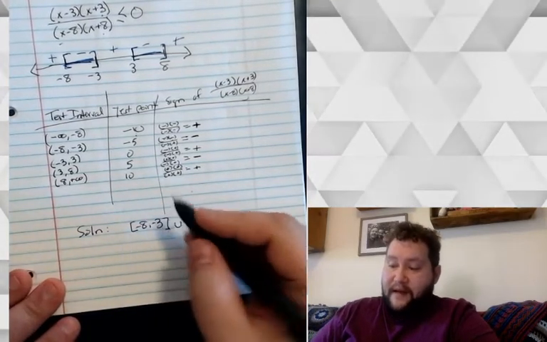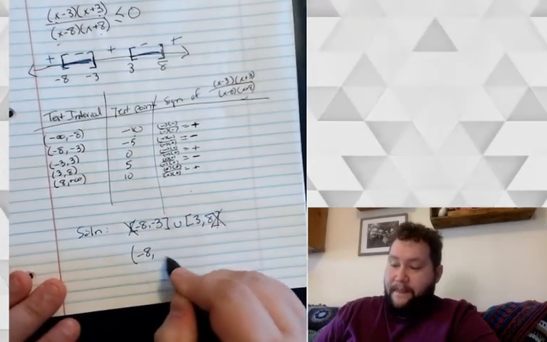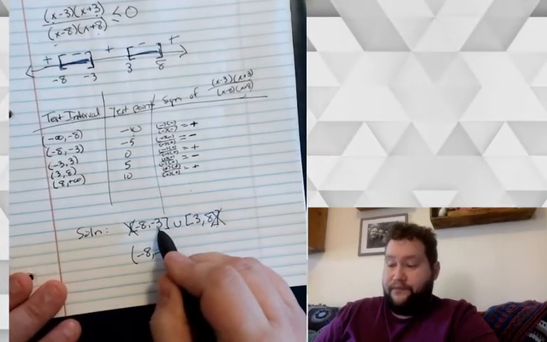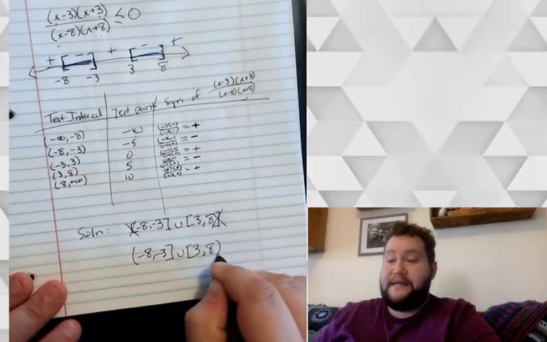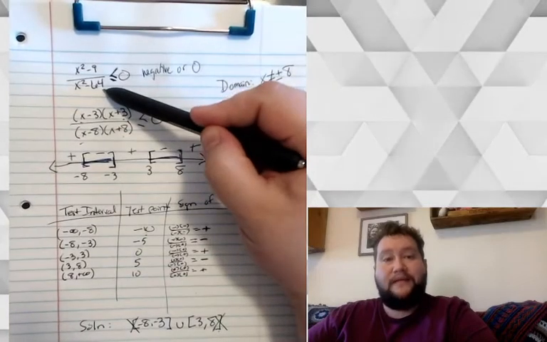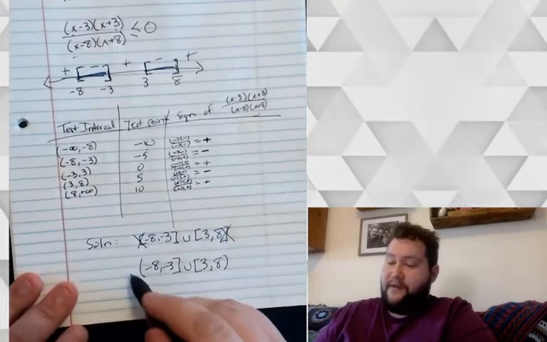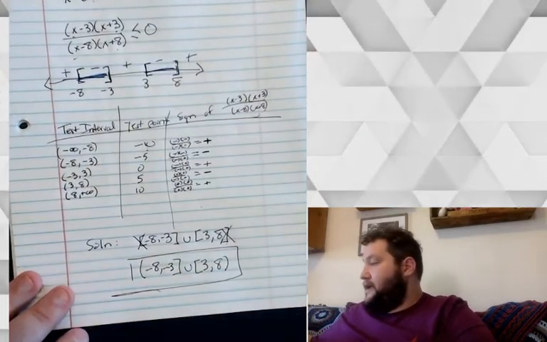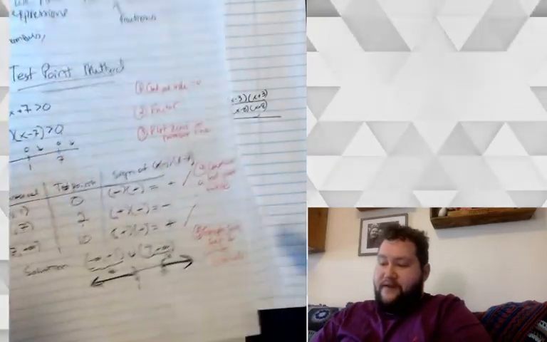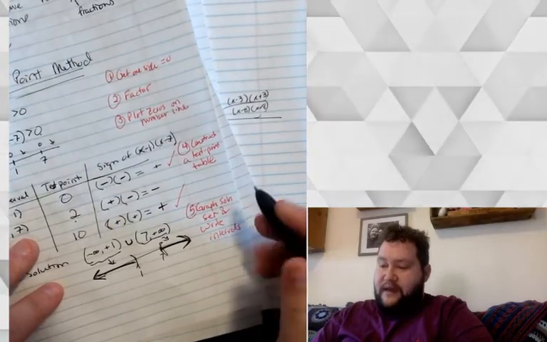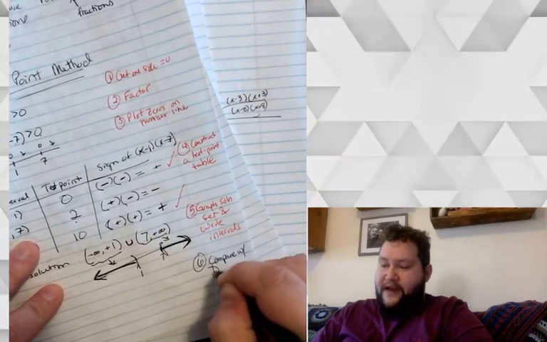So that means this is not our solution. We can't include that negative 8, but we can include negative 3. We can include positive 3, but we can't include positive 8 because the original is undefined if x is plus or minus 8. And so we need to be careful. If I were to go back to my general sequence of steps, after 5, graph the solution set and write intervals, then 6, compare with the domain.